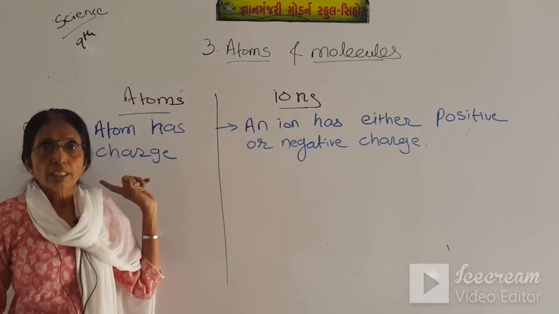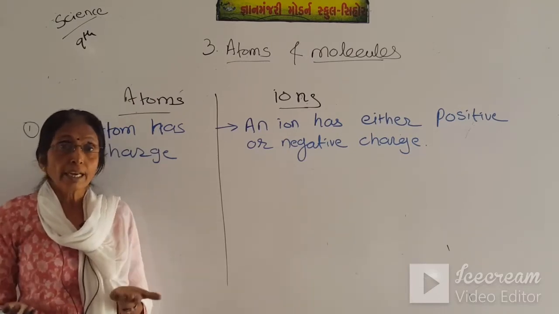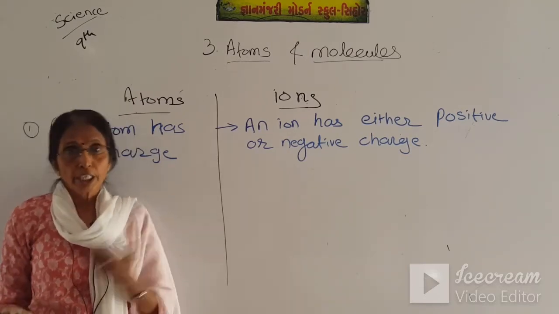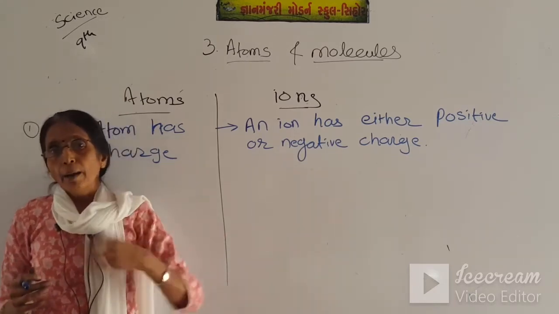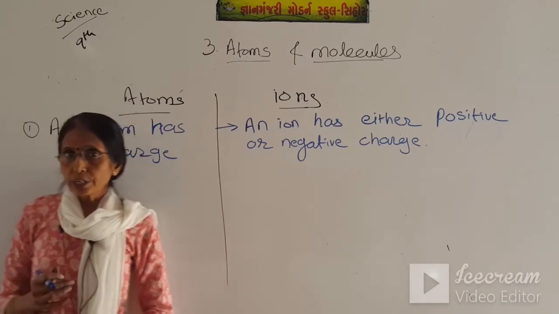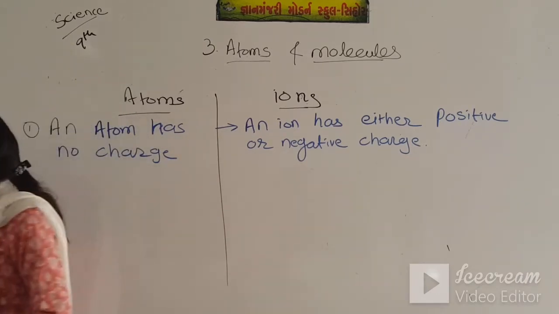So this atom is electrically stable. Balancing is there in the positive and negative charge. But an ion is chemically stable but electrically not stable because it possesses a positive or negative charge.